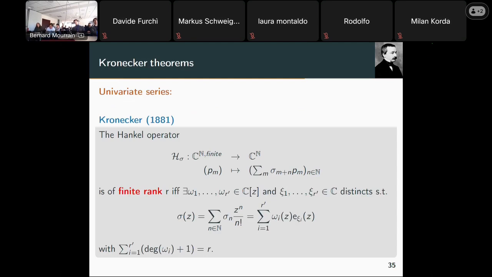And I recall here some old result by Kronecker, which was stated in terms of Hankel operators, which was defined on a finite sequence of words and by a correlation like that, for sum of n plus n.